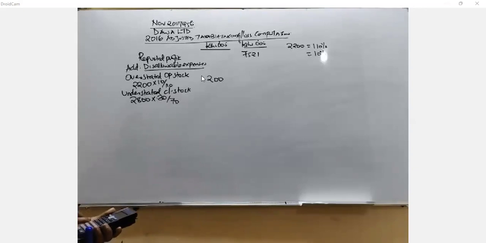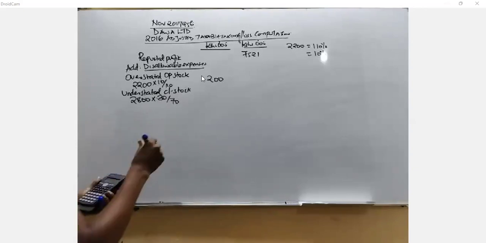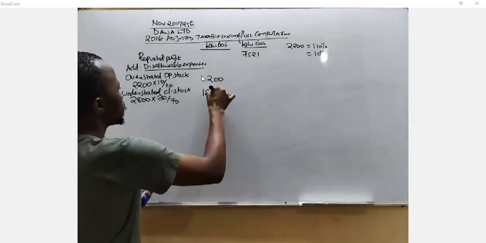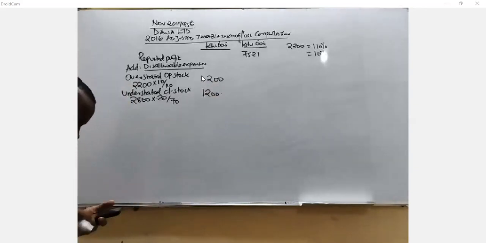We are picking the figure which was understated, so we are not returning it to 100%. So this is around 1,200. Thank you. Note number 1 is done now.